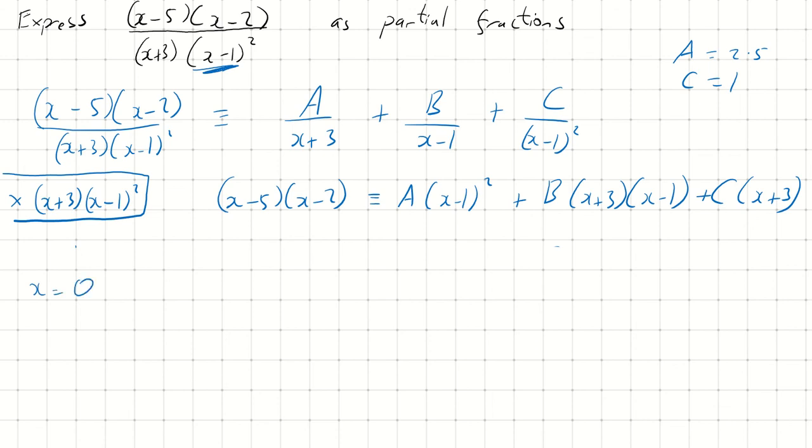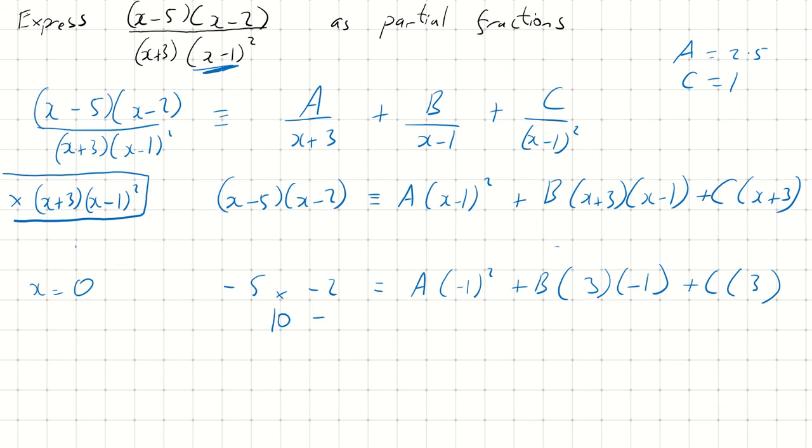Then the left-hand side gives (0 − 5)(0 − 2), and that's equal to A times (−1)² plus B times 3 times (−1) plus C times 3.